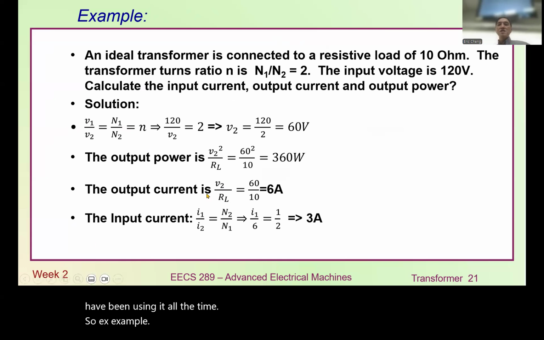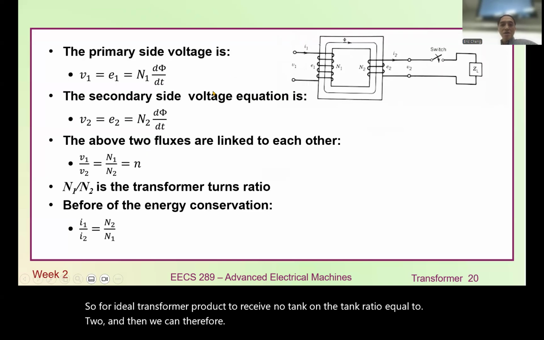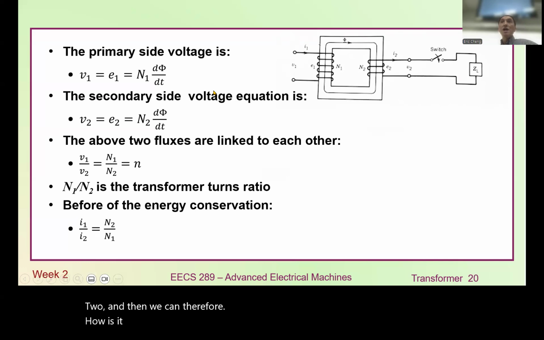For an ideal transformer, connect a 10 ohm resistor, with a turns ratio equal to 2. Why is the current ratio inversely put? I1 over I2 is equal to N2 over N1. Let me show you. Well, in normal things we say V equals IR, so V and I are directly proportional.